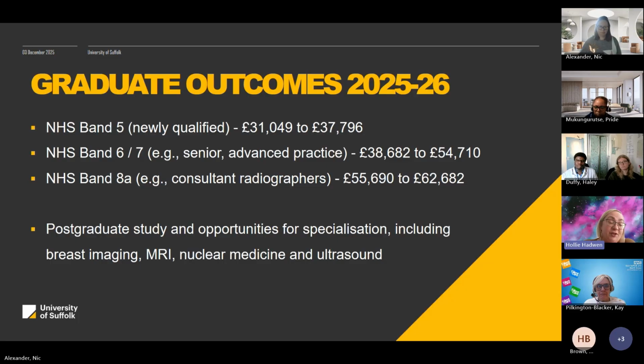There are lots of opportunities for postgraduate study and to specialise, such as postgraduate courses in breast imaging, MRI, nuclear medicine and ultrasound, just to name a few. There are also opportunities to advance your career in other directions. We now have research radiographers working in the NHS, and opportunities to work in education as a radiographer. So there's a real breadth of opportunities for future development and enjoyment within your career.